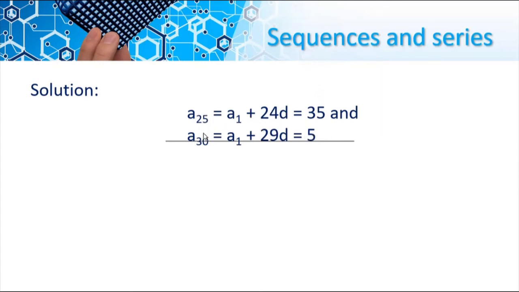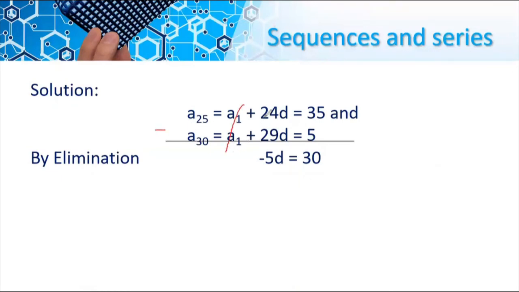Ngayon, itong dalawang equation na to, pwede nating gawin system, di ba? Meron naman tayong paraan sa system. So, elimination. Ano ang mangyayari? May eliminate na yung A sub 1, kasi A sub 1 minus A sub 1, kaya cancel out na to.